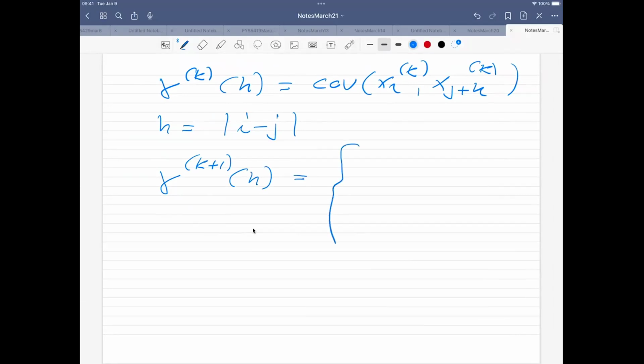So this can be written, I'm just stating the final result here without going through the explicit derivations. So this should be equal to 1 over 2 of gamma of k of 2h, plus 1/2 of gamma of k of 2h plus 1.